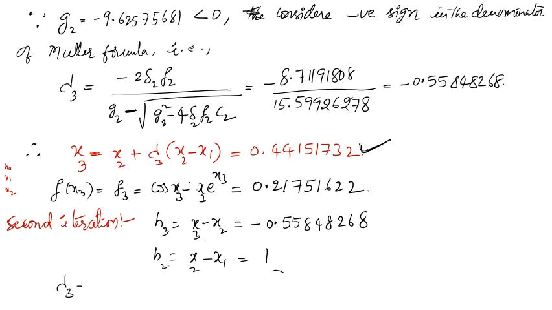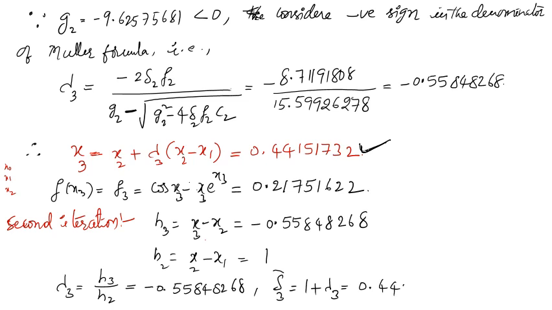Next one, lambda 3 expression. Lambda 3 is what? h3 by h2, 0.5584828, lambda 3 value. Next one, delta 3 value. Delta 3 value is what? 1 plus lambda 3. This value is 1.44151732.